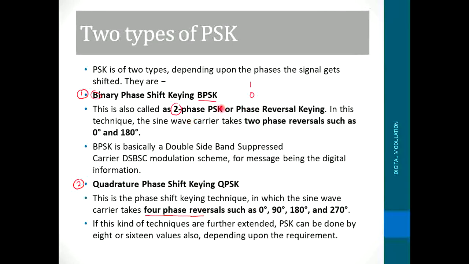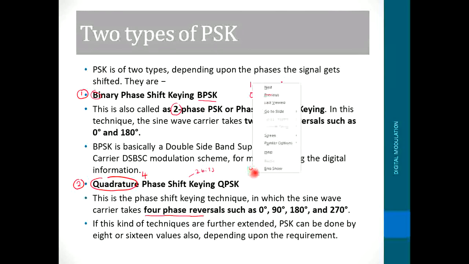Before this we have only 0 and 180 degree, but for quadrature this is four phase. That is, for this four phase it is 2 bit: 00, 01, 10 and 11.